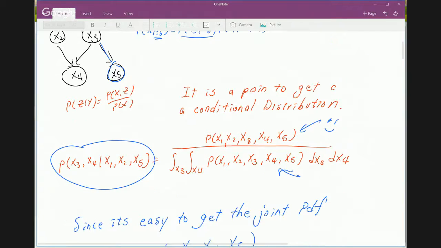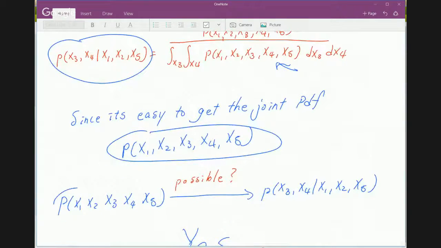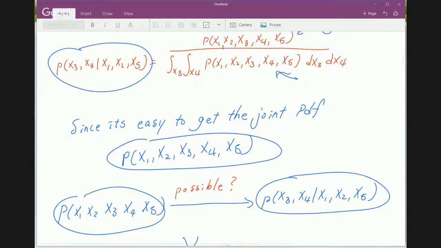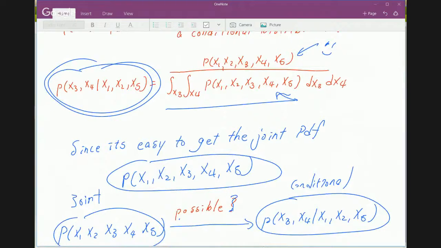Well, wouldn't it be nice if we could somehow get this from the joint PDF and completely bypass solving the integral and just get this value, the conditional? Is it possible? That's the question. Is it possible to go from joint to conditional without needing to solve this integral here?